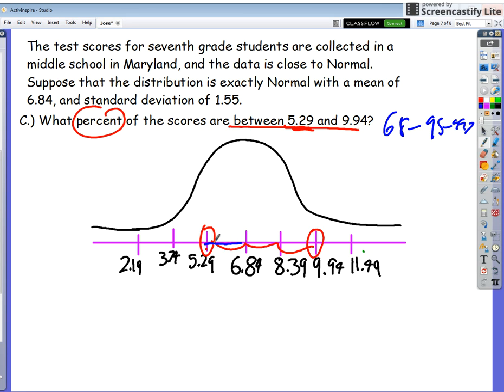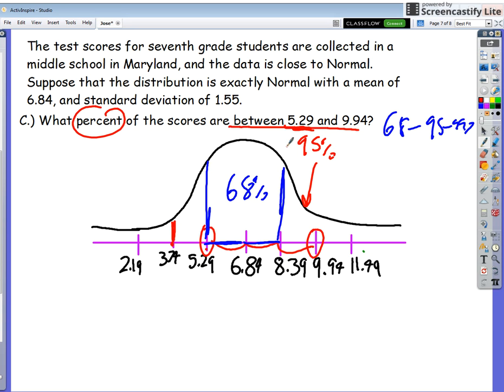From 5.29 to 8.39, that's our first standard deviation, and it encompasses 68% of our graph. Then our second standard deviation, 9.94 and 3.74, would be 95% of our data.